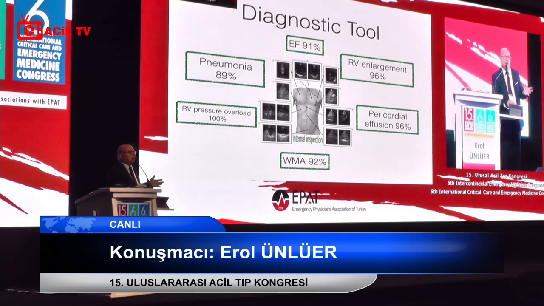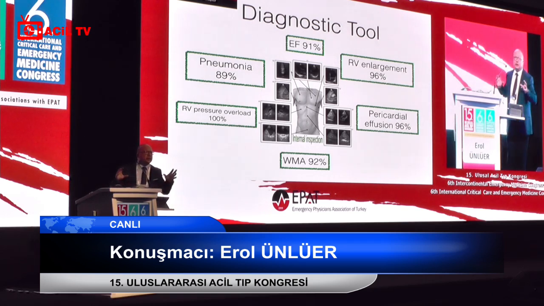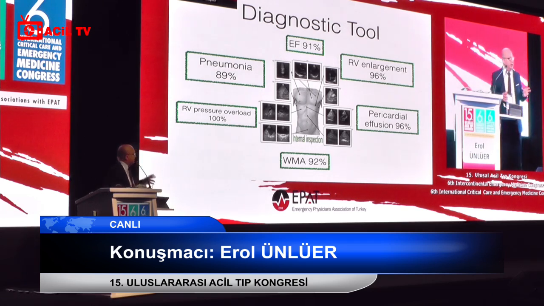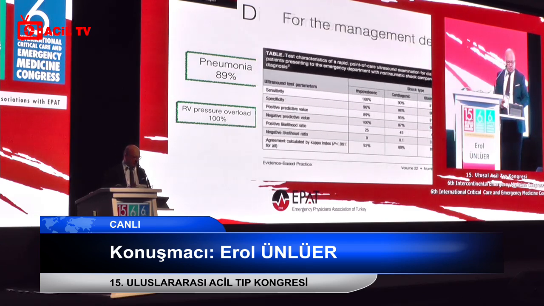And we can use our ultrasound machine in this area in a lot of applications. For example, diagnosis of pneumonia, low ejection fraction, RV enlargement, pericardial effusion, wall motion abnormality, and also RV pressure overload.